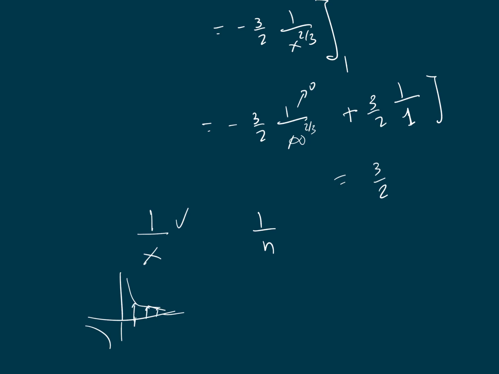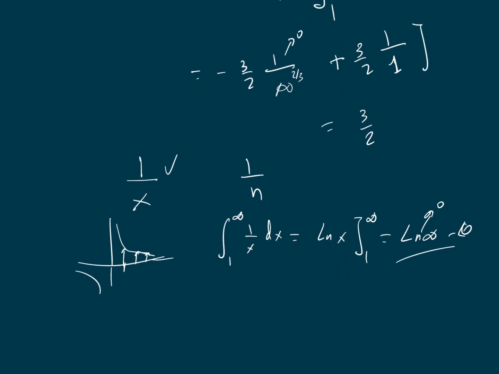So the integral from 1 to infinity of 1 divided by x dx is natural log of x. When you evaluate between 1 and infinity, this is natural log of infinity, which goes to infinity, minus natural log of 1, which is 0. So the integral of 1 divided by x goes to infinity, so it diverges. So the series summation from n equal 1 to infinity of 1 divided by n diverges.